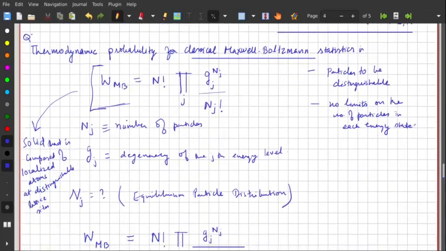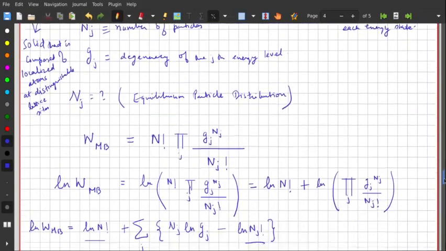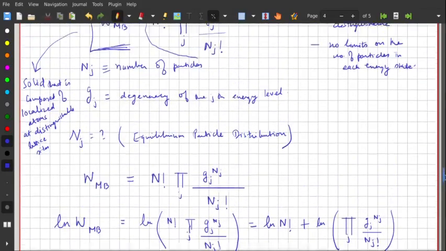So we start with the thermodynamic probability for that statistic, which comes from the fundamentals of probability theory, permutations and combinations. Once we have this, we take the log of that thing, and then the log of the factorial.